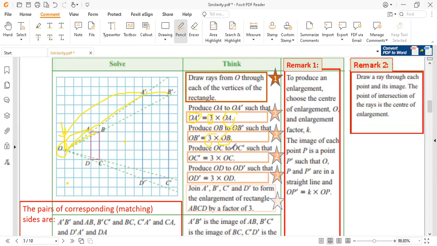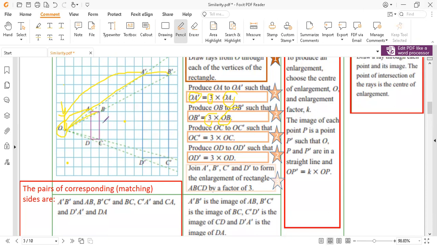Similarly, we complete for the others to obtain C prime and D prime. Then we connect A prime, B prime, C prime, D prime by lines to obtain the enlargement image of ABCD.